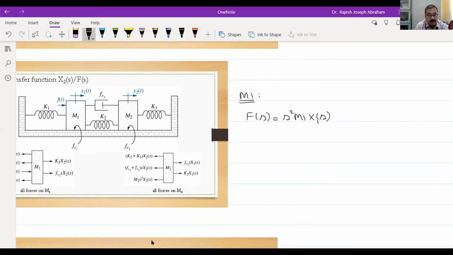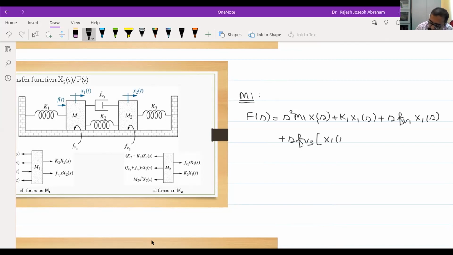Then due to k1, plus k1 x1 of s, plus due to fv1, s fv1 x1 of s. Plus that's a dashpot and spring between m1 and m2. What will be the force due to fv3? S fv3 into x1 of s minus x2 of s.